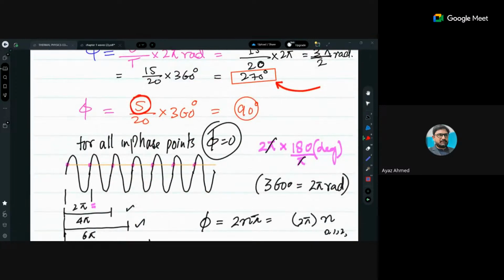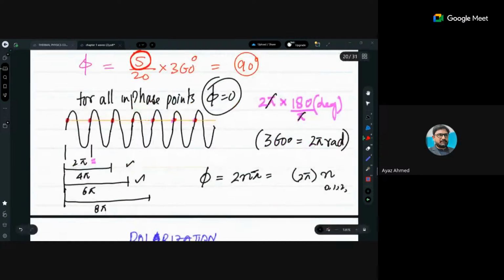Okay? So here I have selected all the points which are in phase. They have zero phase difference. All these points on this wave have zero phase difference. Just check it out. This point has 2 pi phase difference. This point has 4 pi. This point has 6 pi. This point has 8 pi.